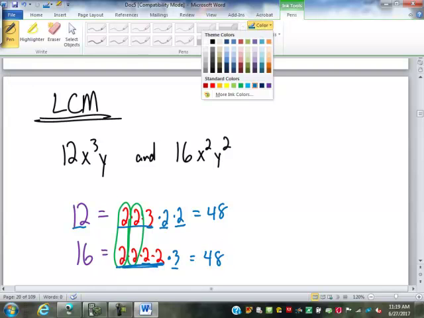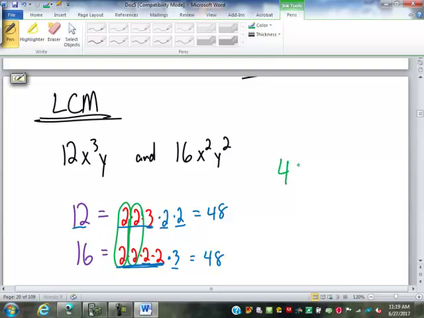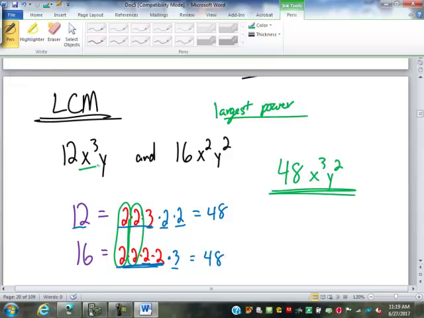So 48 is the numerical part. What do we do with the variables? There you go. X to the third, y to the second. It's the largest power. So we've got x to the third and x squared, so x to the third is the bigger one. We have y and y squared. Well, y squared or y to the second is the bigger one.